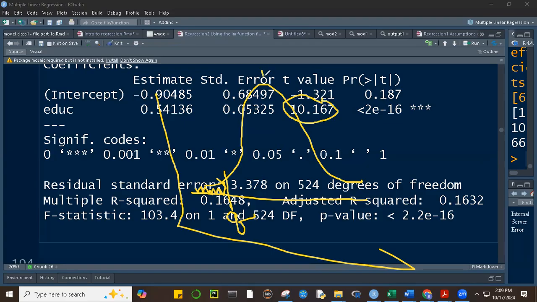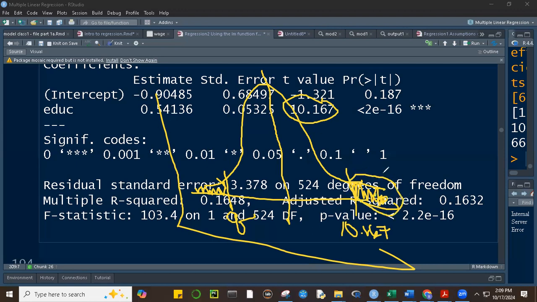So if it's a t distribution, class, it's just like your normal distribution, only it's more fat-tailed. Your 10.167 will be here. Okay, and what we're interested in, class, is this one, this p-value.